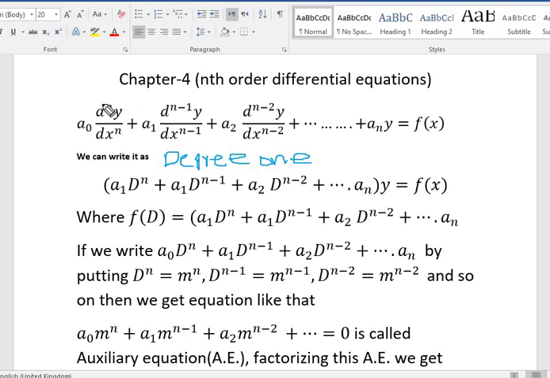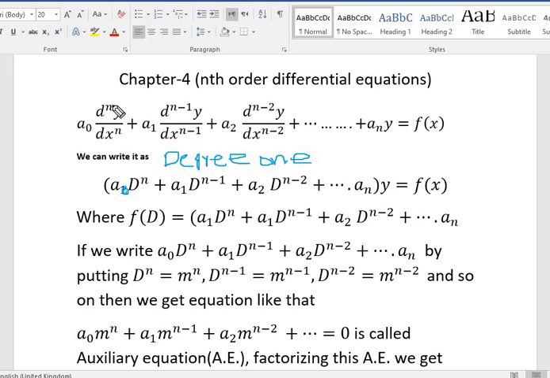We are going to write this in the form a naught D power n plus a1 D power n minus 1 plus a2 D power n minus 2 and so on plus an, times y equal to f of x.